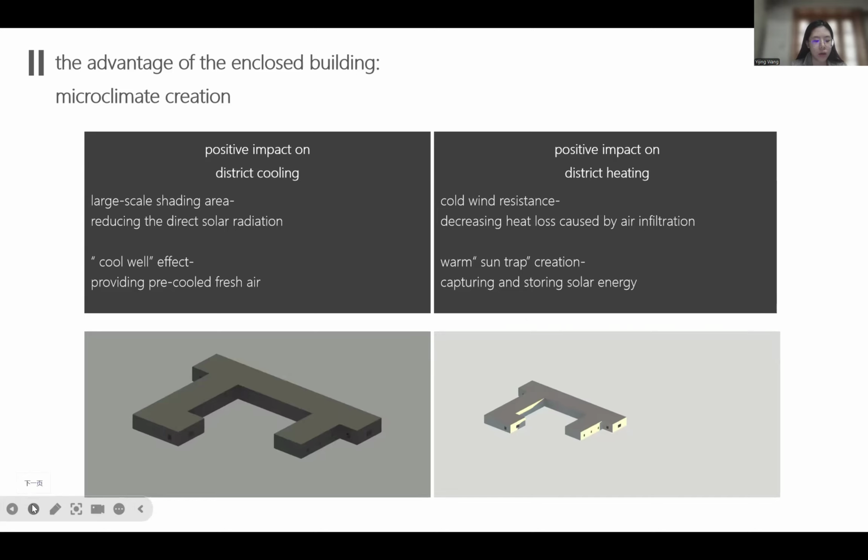When this pre-cooled air enters the rooms, it directly reduces the cooling load. Third, in winter, the enclosed form resists cold wind and traps solar heat, like a warm sun trap. So, the enclosed building is not only energy efficient, but also creates a self-adjusting microclimate.